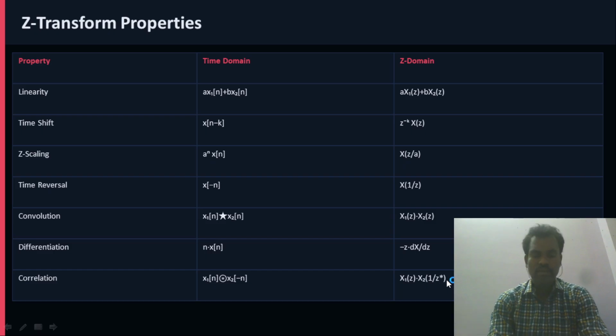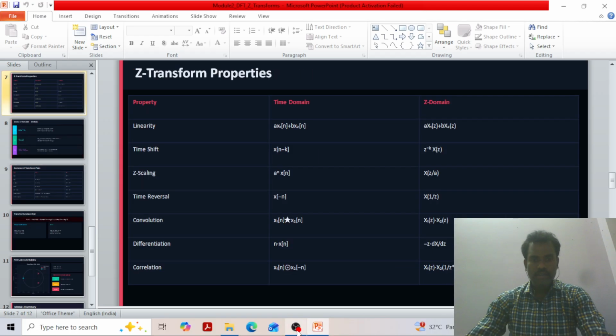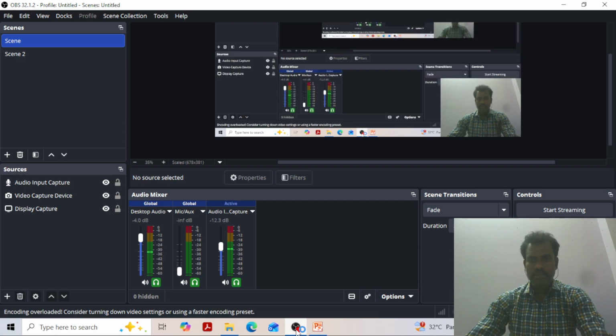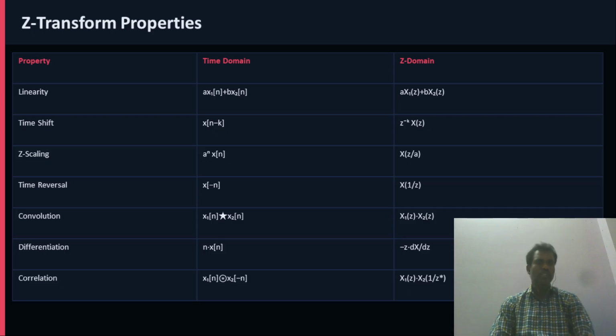So x1 of z multiplied by x2 of 1 by z is the Z transform of correlation. Similarly, you can find Parseval's theorem here also, and the initial value theorem and final value theorem.